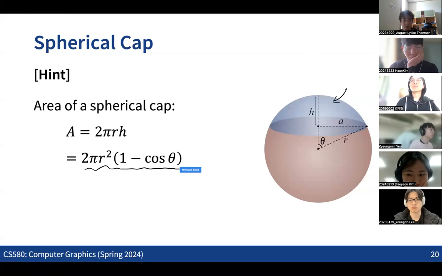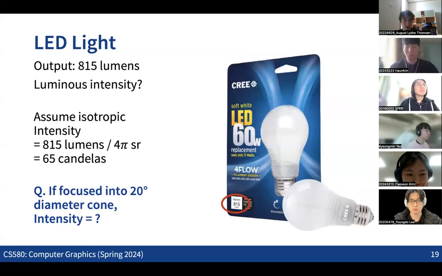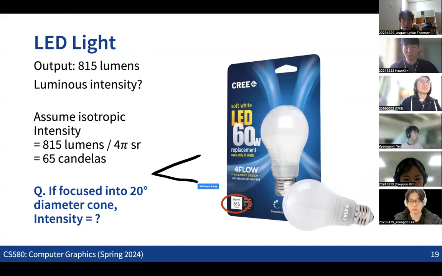So from this, we can calculate the intensity for the case when the light is concentrated into the cone with the 20 degree, of the cone, right? Then based on this fact, can you calculate this?